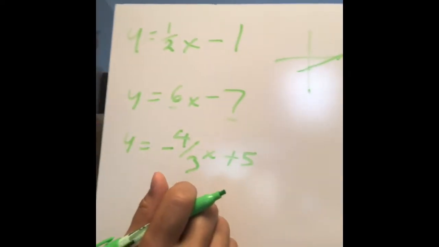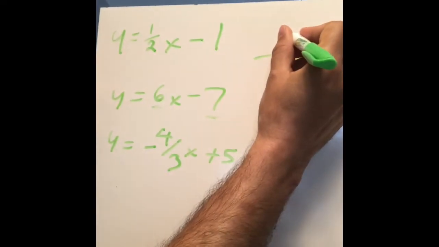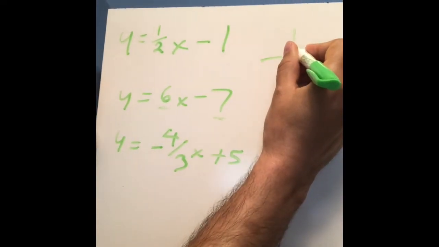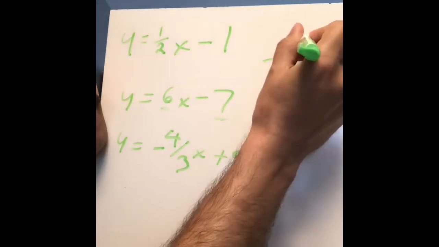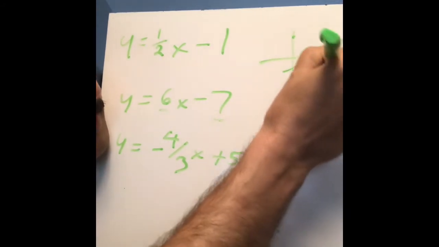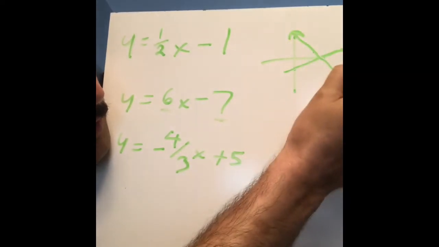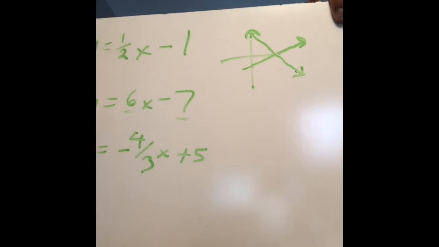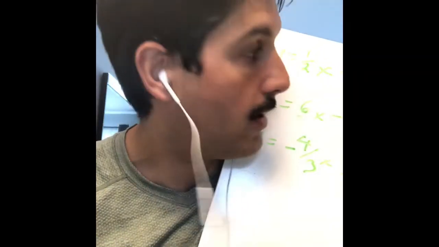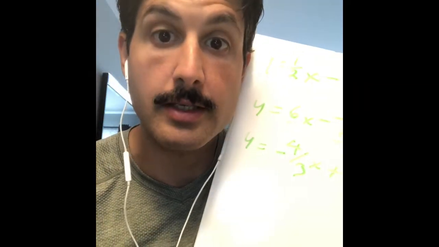So it's in the positives up here at 5, and it's going down 4 over 3. It's going down to the right instead of up to the right because it's a negative slope.